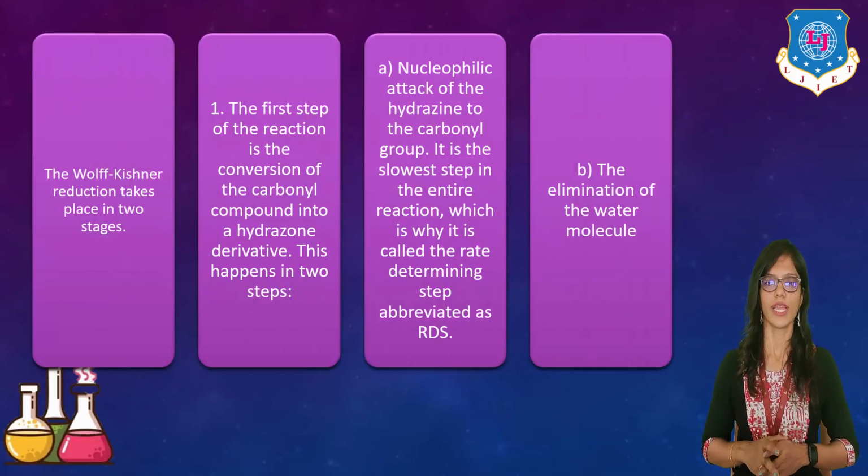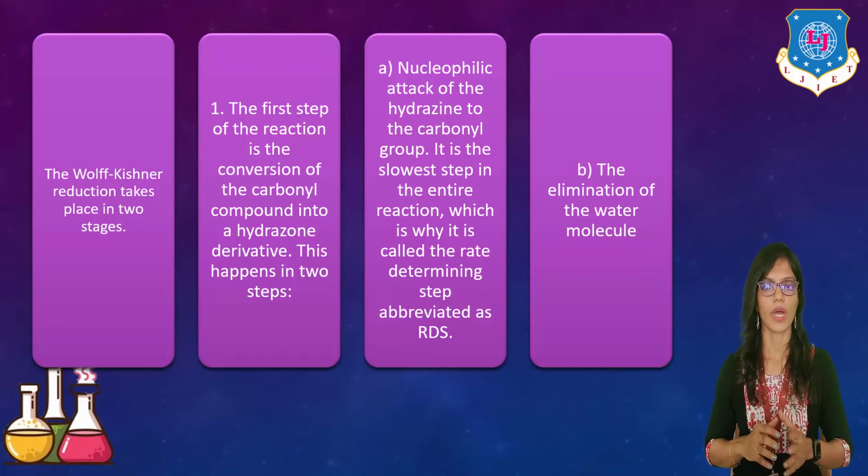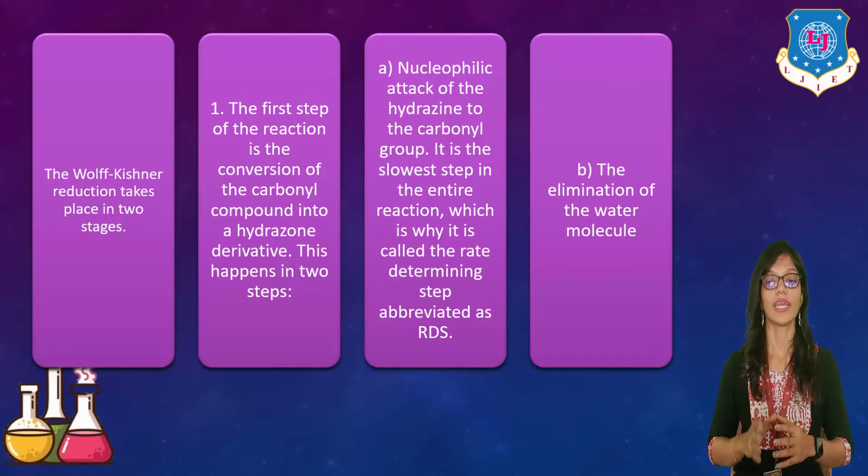So the Wolff-Kishner reaction or reduction takes place in 2 stages. The first step of the reaction is the conversion of the carbonyl compound into a hydrazone derivative. This happens in two steps. Number one, A, which is the nucleophilic attack of the hydrazine on the carbonyl group, and it is the slowest step in the entire reaction, which is why it is called the rate determining step, also abbreviated as RDS.